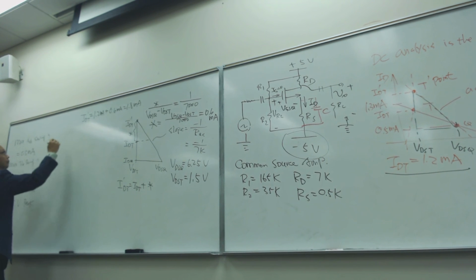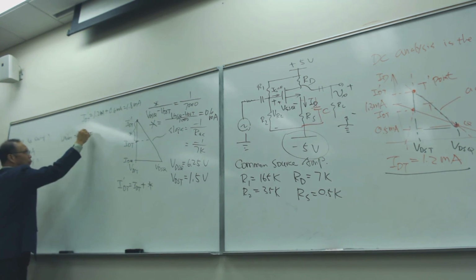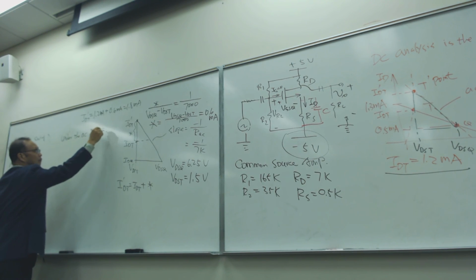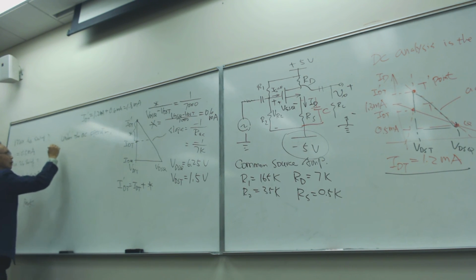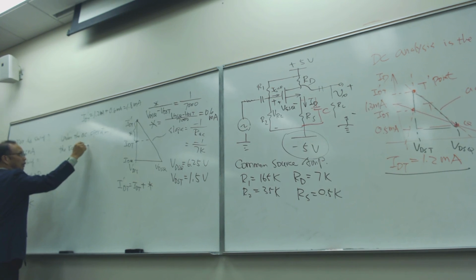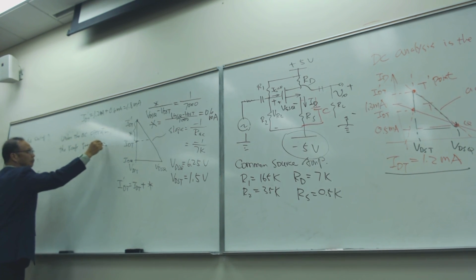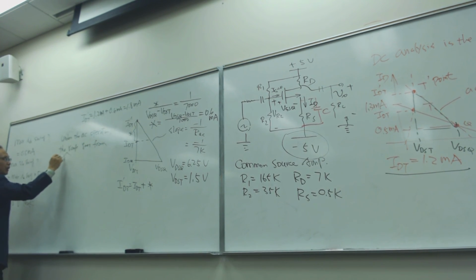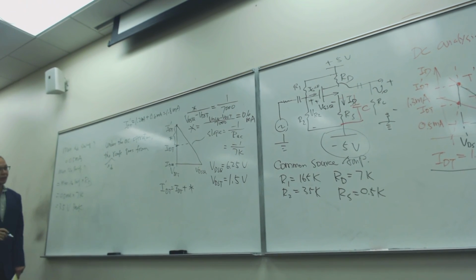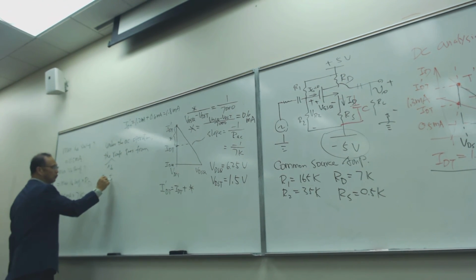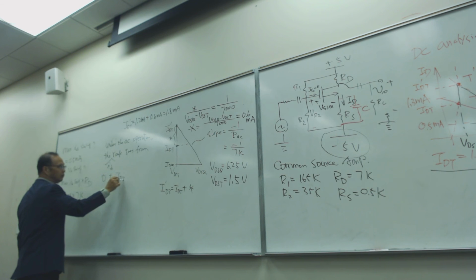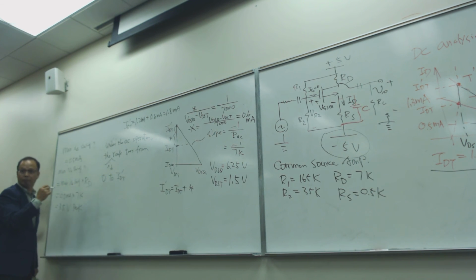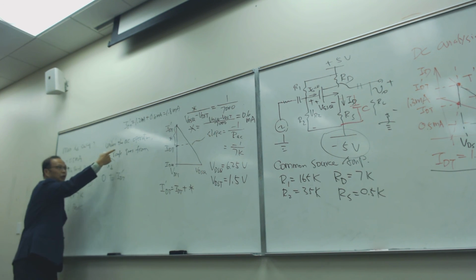Okay, so therefore, under the AC operation, the ID range goes from 0 to IDT prime. That's the AC condition.